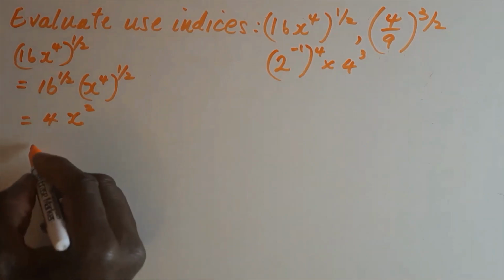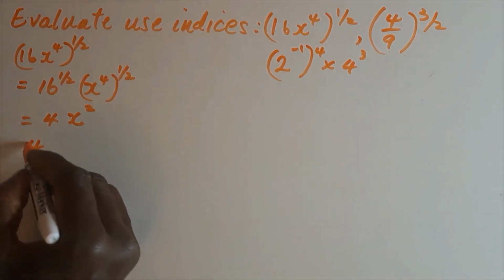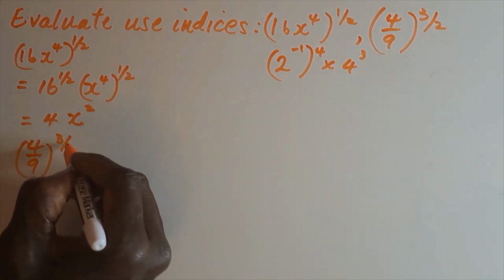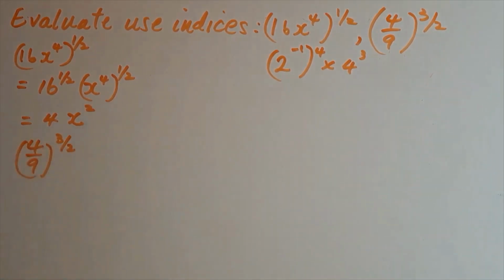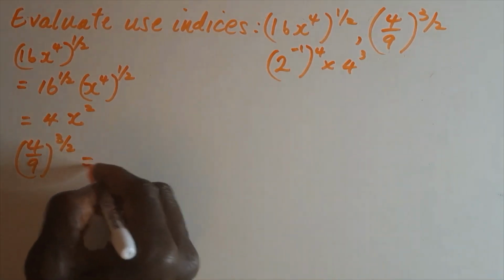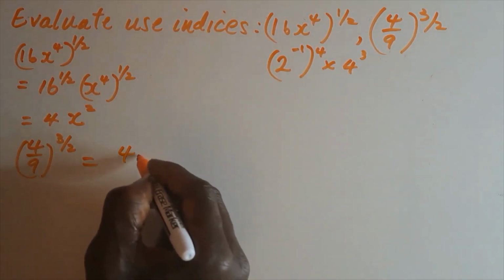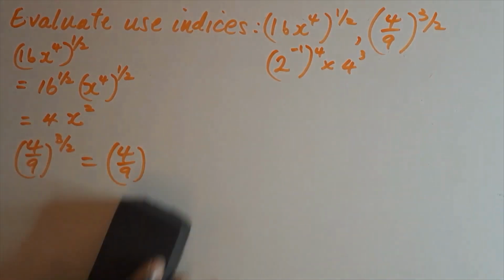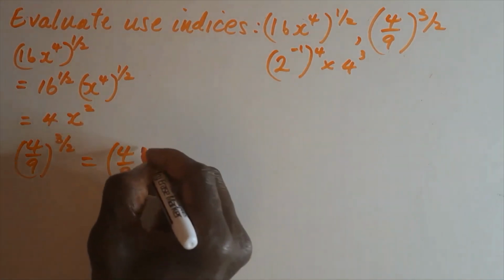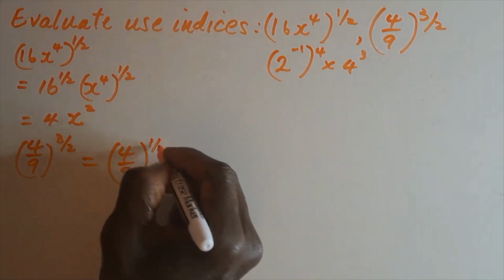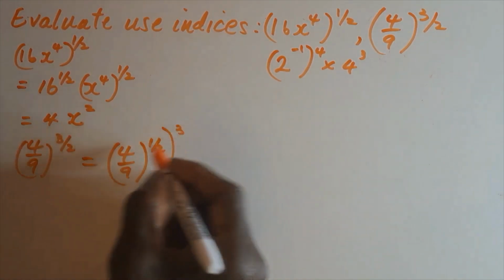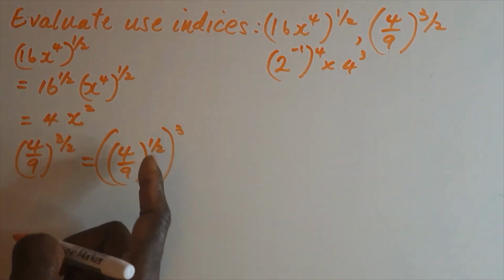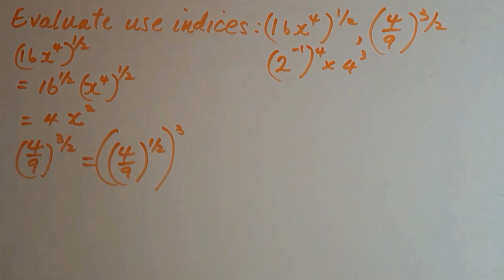Next we have 4/9, and we take it to the power of 3 over 2. Now we can write this as 4/9, let's put in the brackets here, raised to a half, and then at the end, outer brackets, we have cube. When we clear this, we'll get back to 3 over 2.